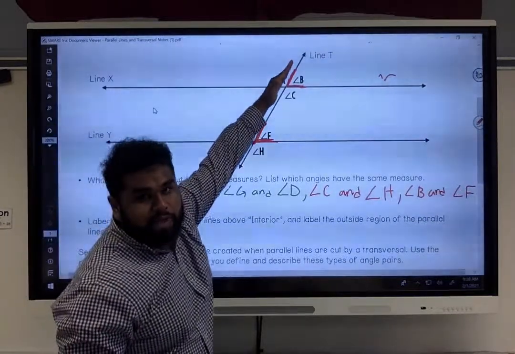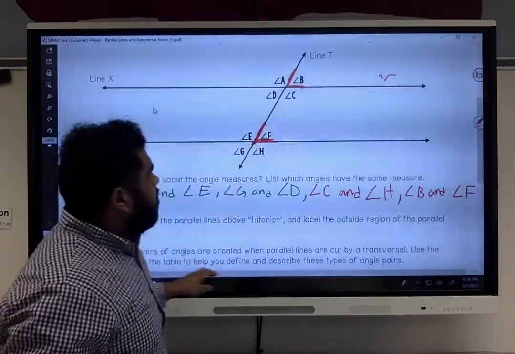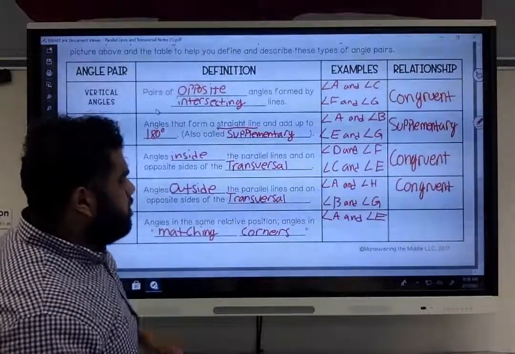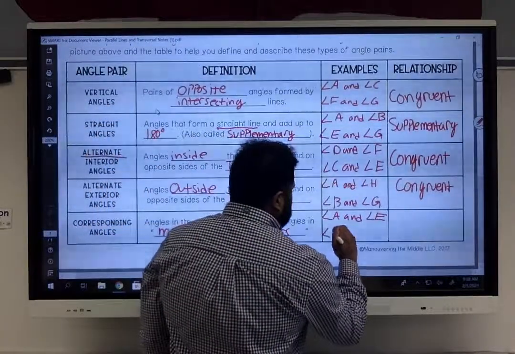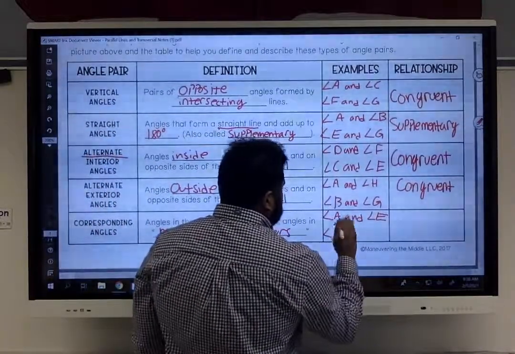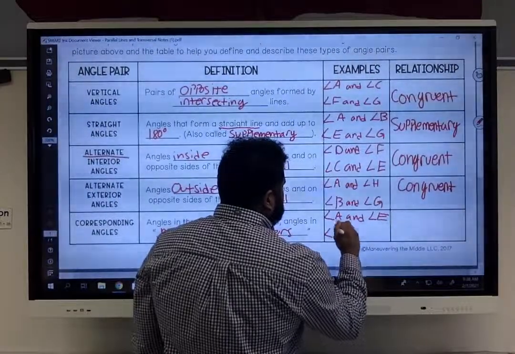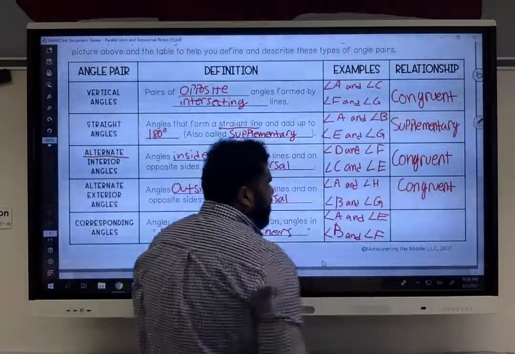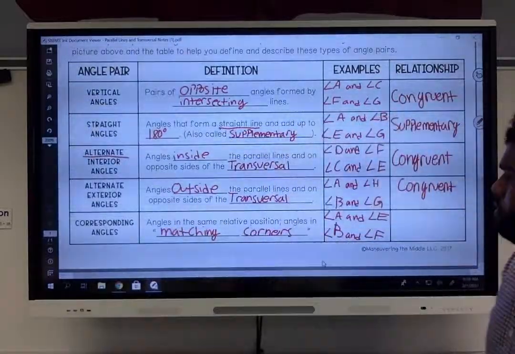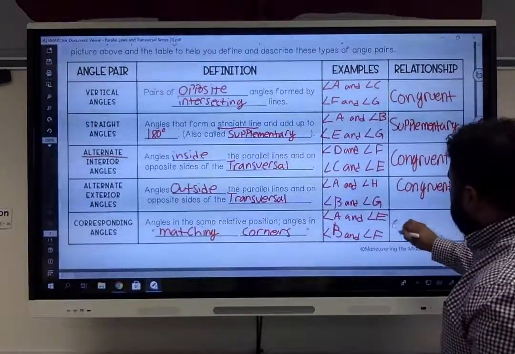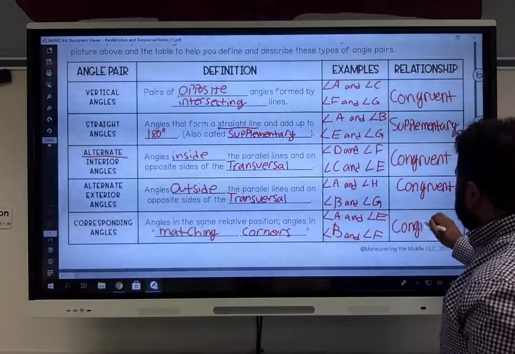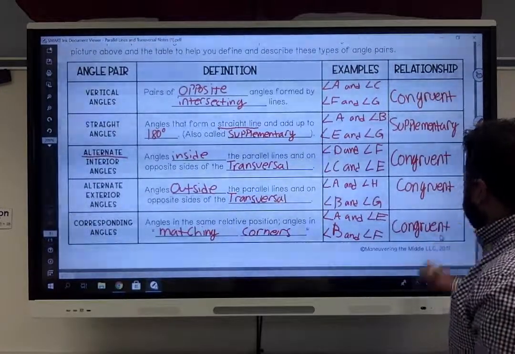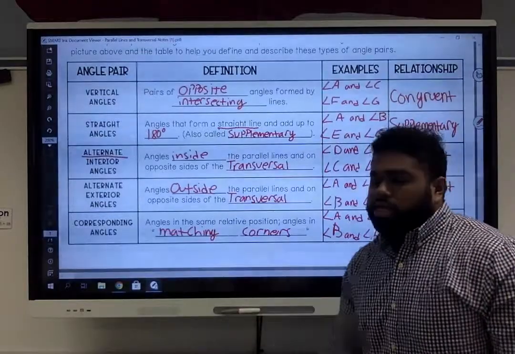That's that transversal. If I look, B and F are on the same side of that transversal. So angle B and angle F. Now, what is the relationship between these two? They are congruent. Okay? So we will continue a practice on the next video.